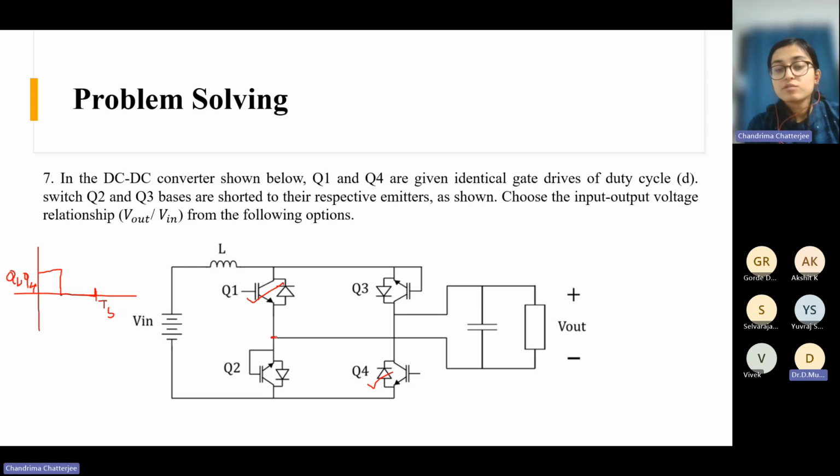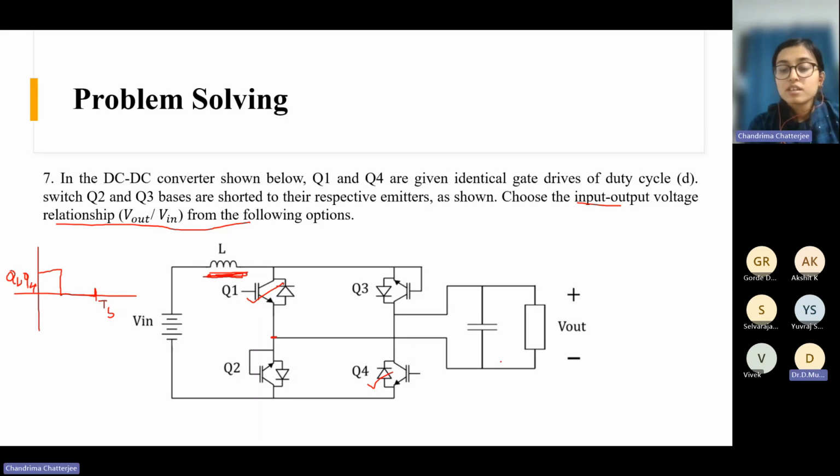First of all, what you need to understand is whenever they ask for input output voltage relationship, you will have to apply volt second balance of inductor. If there is an inductor in the circuit, then from volt second balance you can find out the V out and V in relationship. That is the important thing that you need to understand first.